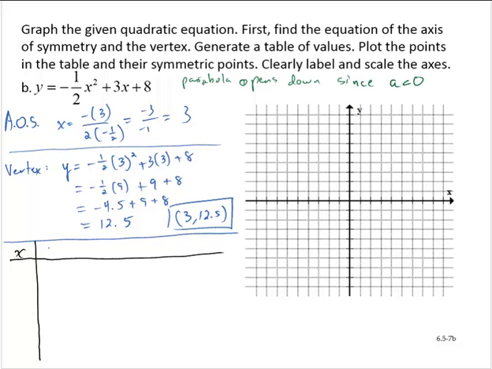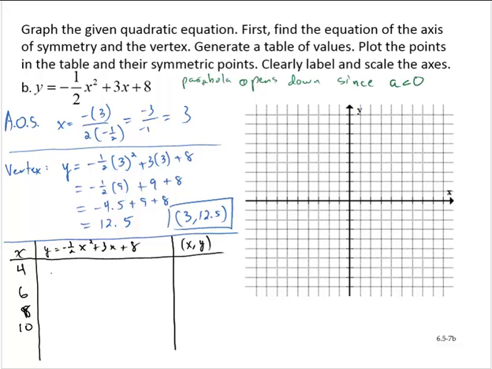So what I'm going to do is use only even numbers when I substitute. So I'm going to substitute x equals 4, 6, 8, and how about 10? All right, and y is negative 1/2 of x squared plus 3x plus 8, and then we'll write some ordered pairs.